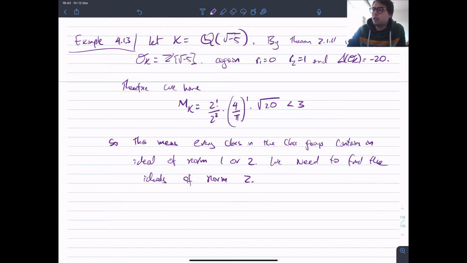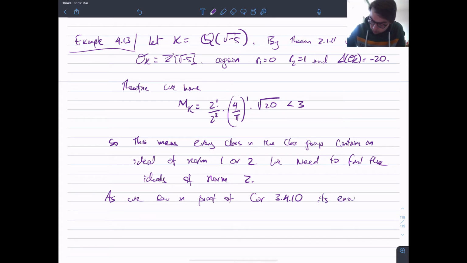How do we do this? We've done this before. I have a reference here that we did this in the proof of Corollary 3.4.10. As we saw in the proof of Corollary 3.4.10, it's enough to look at prime ideals dividing the ideal generated by 2.